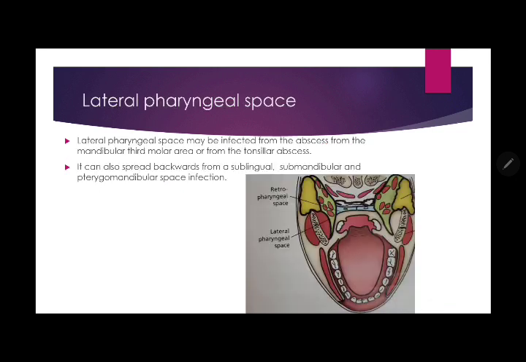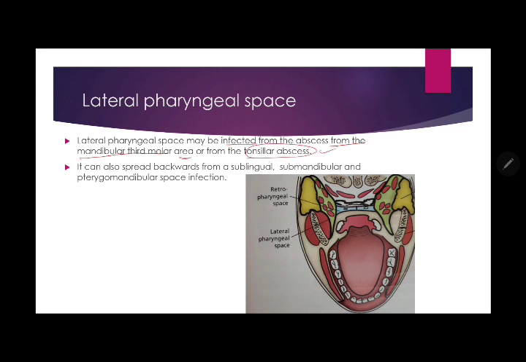So done with Ludwig's angina. Then coming to the lateral pharyngeal space infection. This lateral pharyngeal space infection may be infected from the abscess from the mandibular third molar area or from any tonsillar abscess.